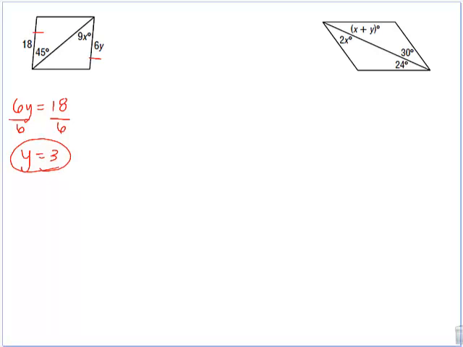These angles now are a little bit trickier, but if we do have a parallelogram, that means these sides are parallel, which tells us something about 45 and the 9x. They are alternate interior angles, so they would have to be equal as well. So we'd make 9x equal to 45, divide both sides by 9, so x here would have to be 5.